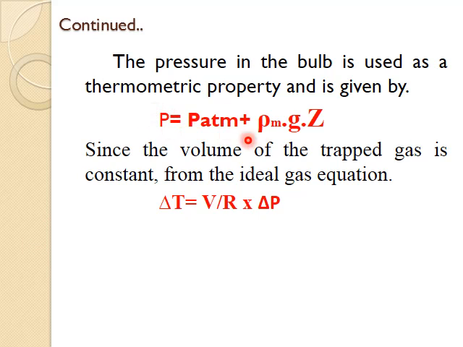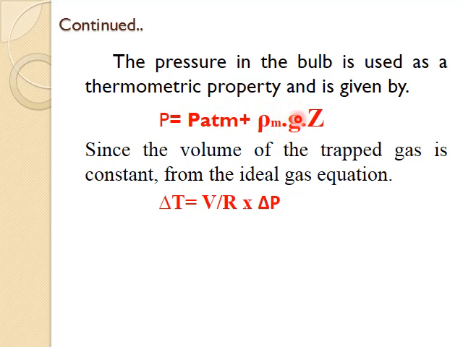Now you can observe the basic formula. Pressure at any point due to a fluid is atmospheric pressure plus gauge pressure. Atmospheric pressure we know is 1 atmosphere, plus P equal to rho g H, where Z or H both can be considered. This is the gauge pressure, and this is the atmospheric pressure.